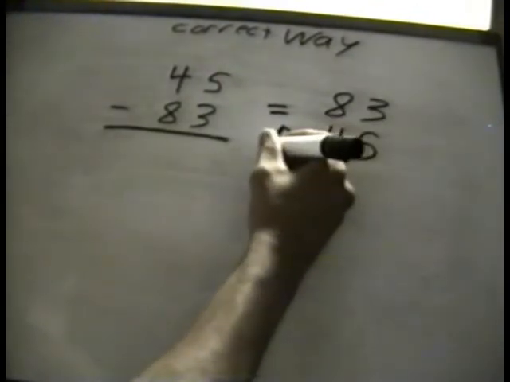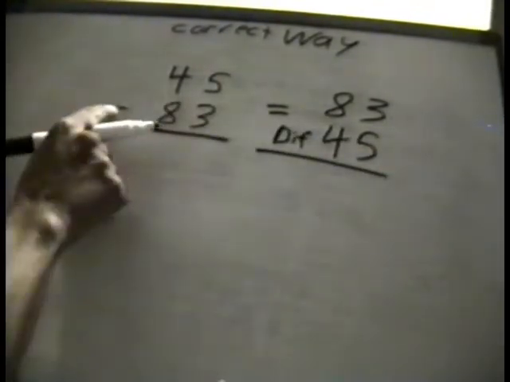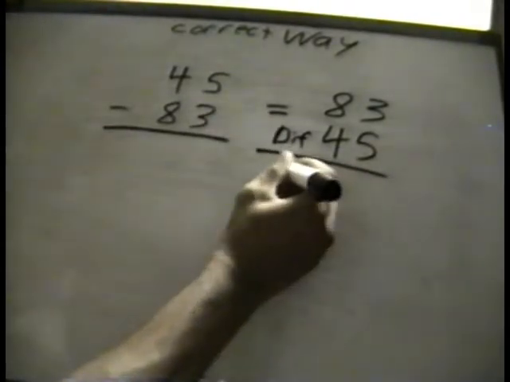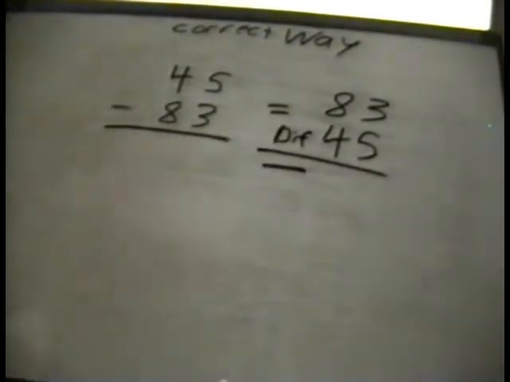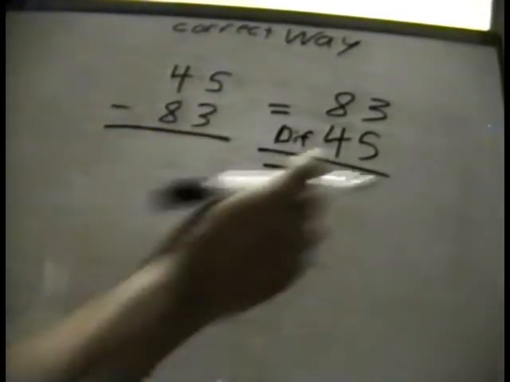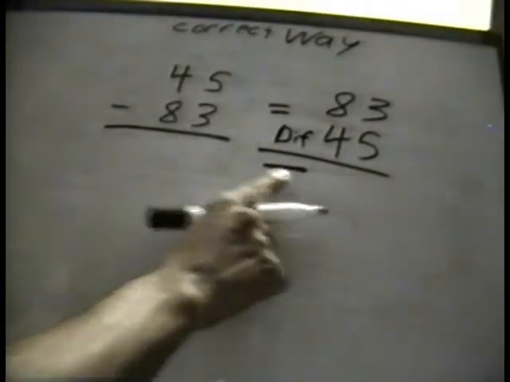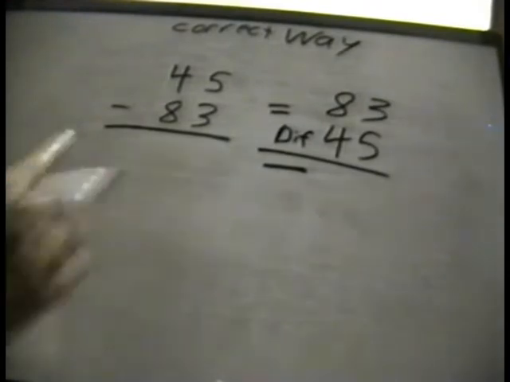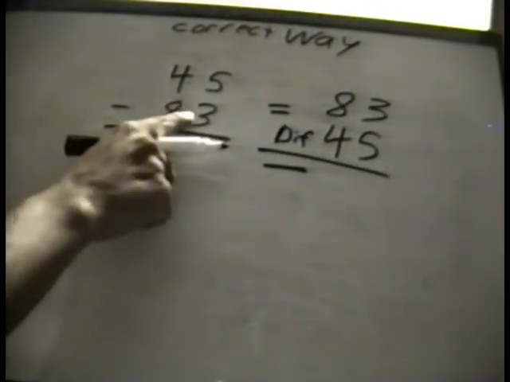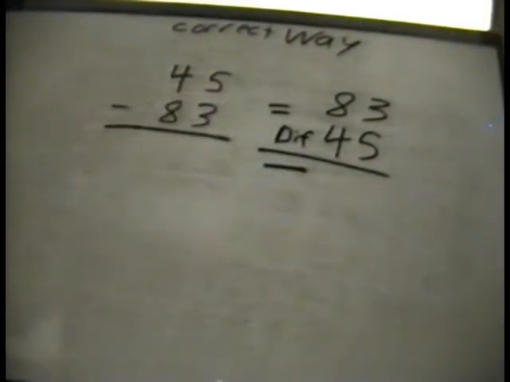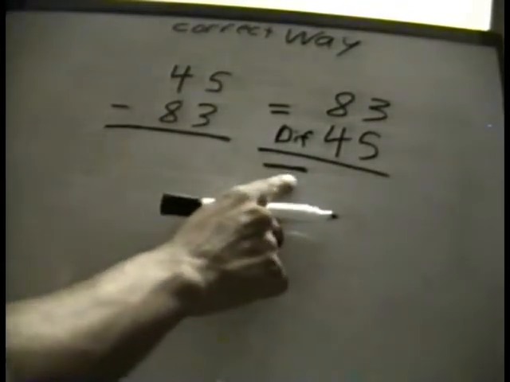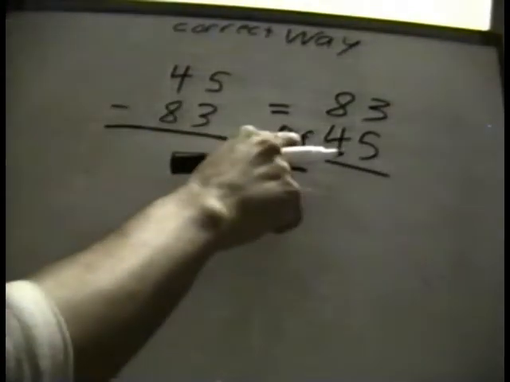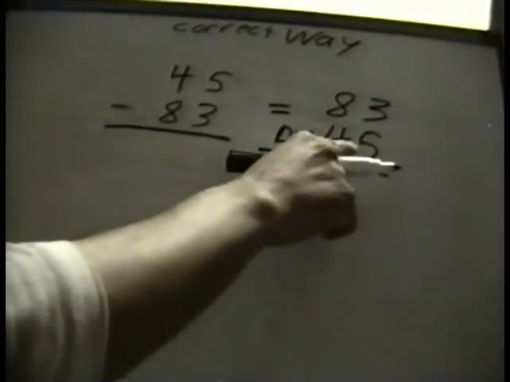You switch their positions. You write DIF for difference, where you would write the minus sign, and then you put the minus sign in the result. Meaning whatever you put here is going to be negative. It's true because we're subtracting a larger number from a smaller number. So the number is going to be negative.